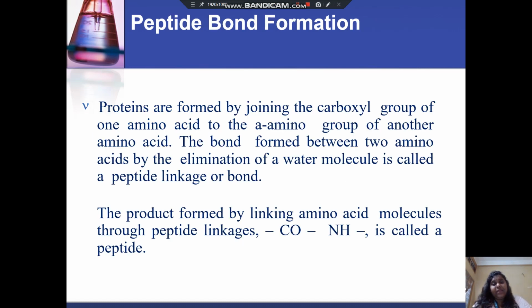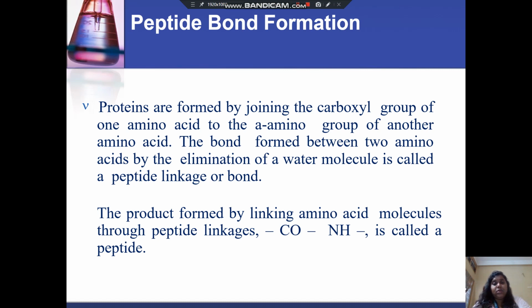Now comes the peptide bond formation. We know that proteins are formed by joining the carboxyl group of one amino acid to the amino group of another amino acid. The bond formed between these two amino acids by the elimination of a water molecule is called a peptide linkage or bond.